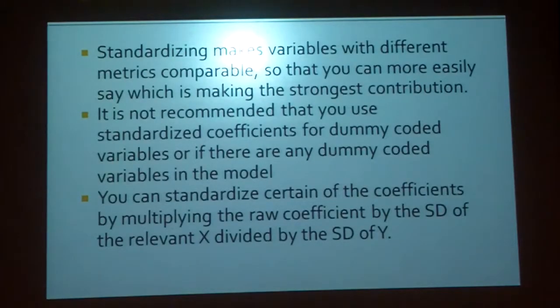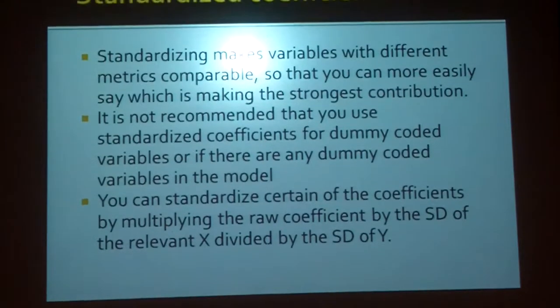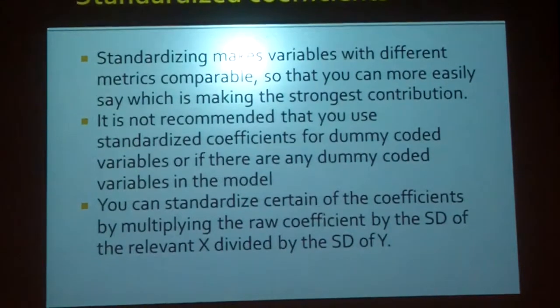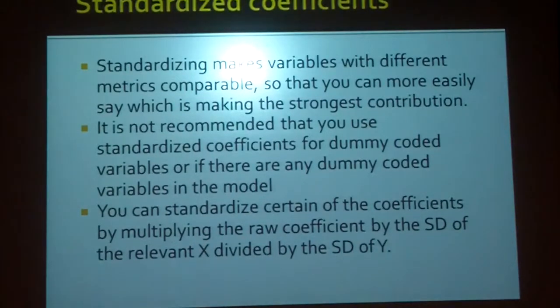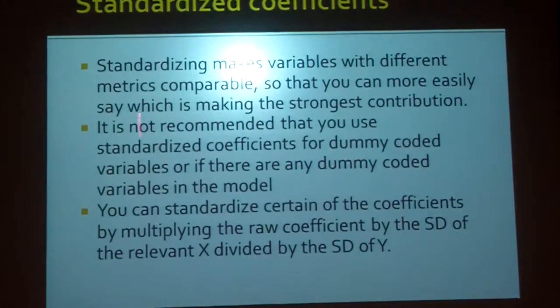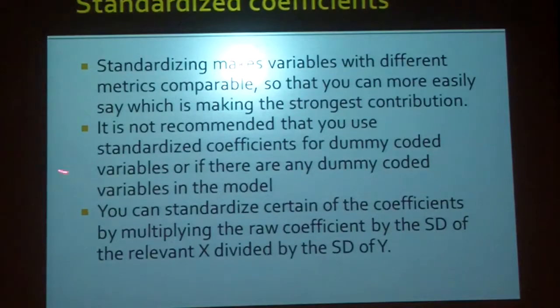Standardizing makes variables with different metrics comparable, so that if you have standardized beta weights of 0.4 and 0.5, the 0.5 is always the bigger of the two. It's stronger of the two, the more significant of the two. Trouble is, you're not supposed to standardize dummy-coded variables, and a lot of times you have a dummy-coded variable in your model.